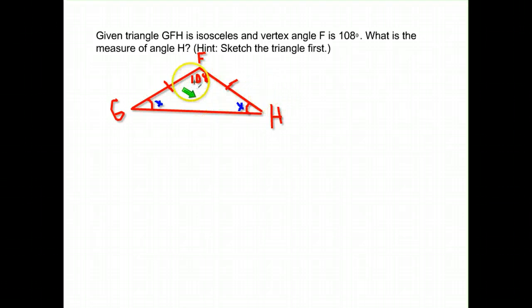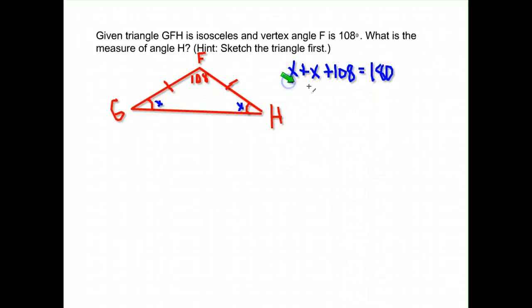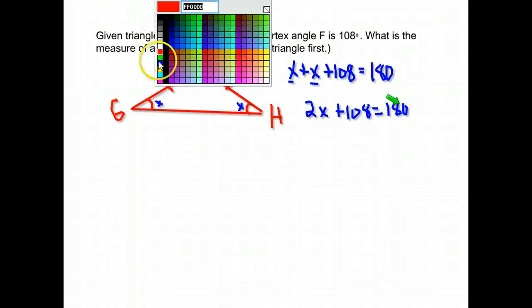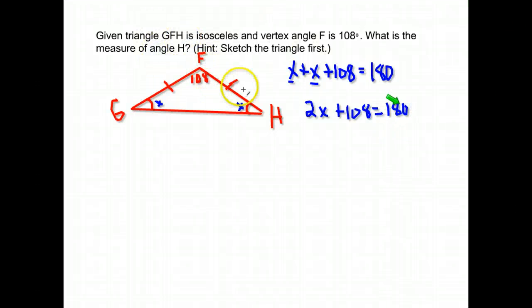My next step is to say, well, I know that all together the angles in a triangle equal 180. So my two x's added together plus the 108 degree angle that I know should equal 180. I combine my x's. x plus x gives me 2x plus 108 is 180. I subtract 108 from both sides.